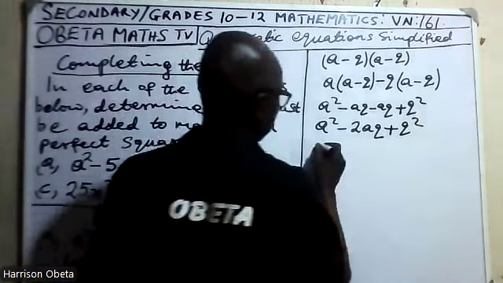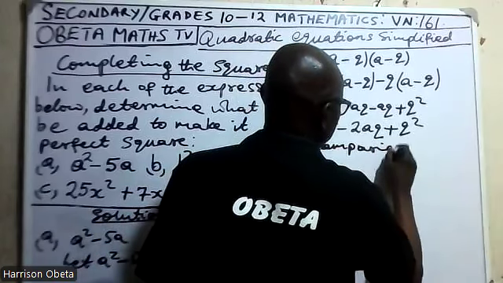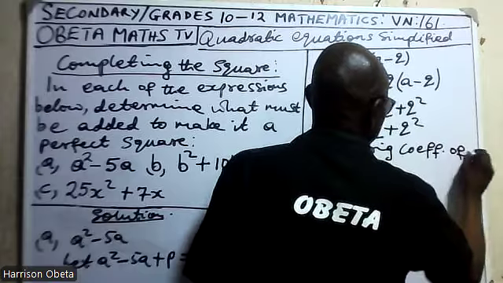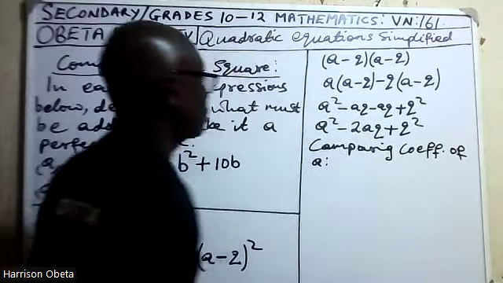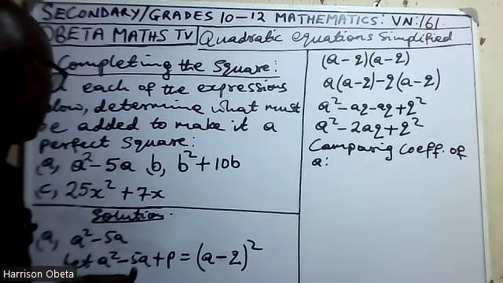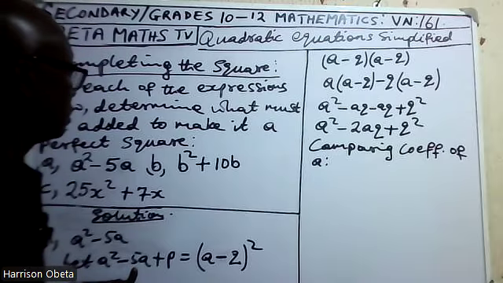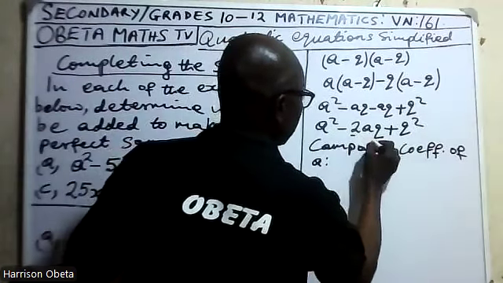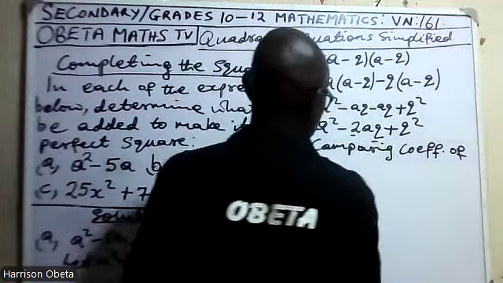So let us now compare coefficients. Comparing the coefficient of a, we have minus 5 should be equal to minus 2q. That is, you compare this with this and this, because that's the coefficient of a.